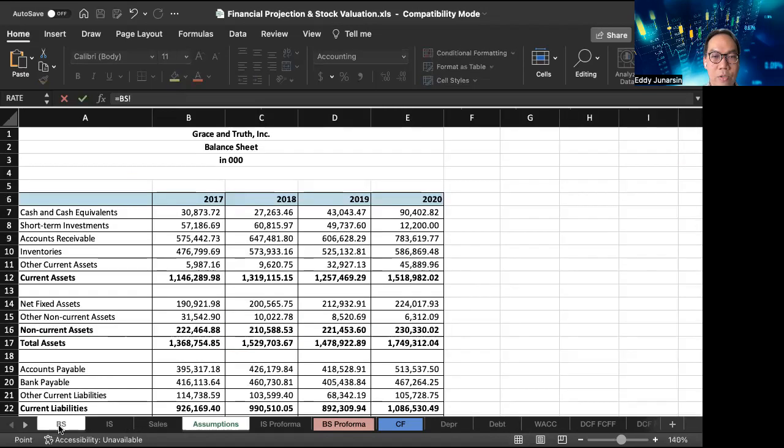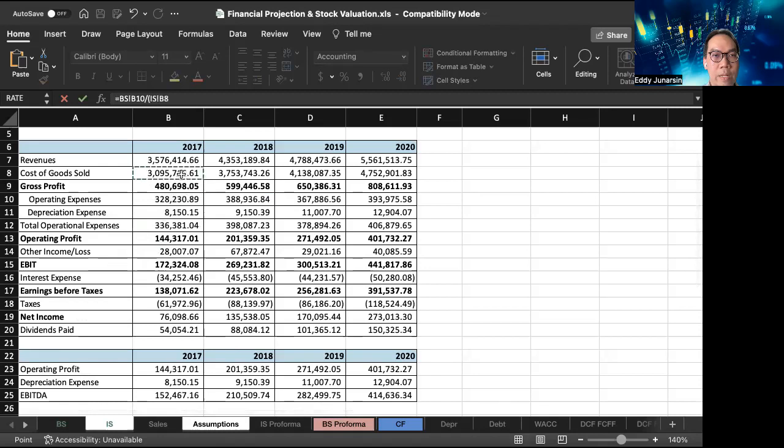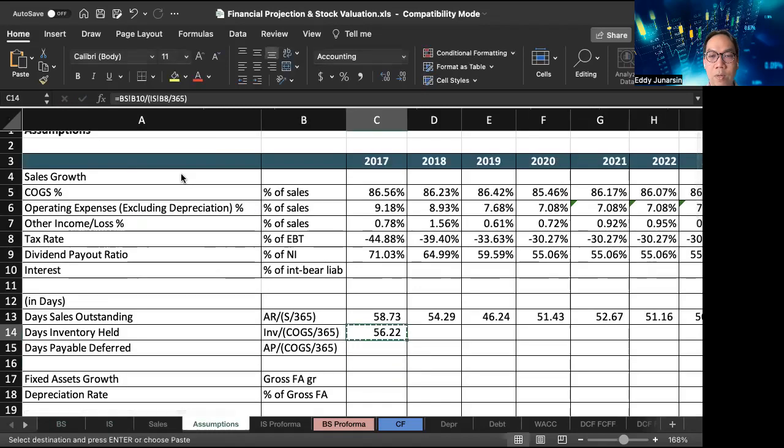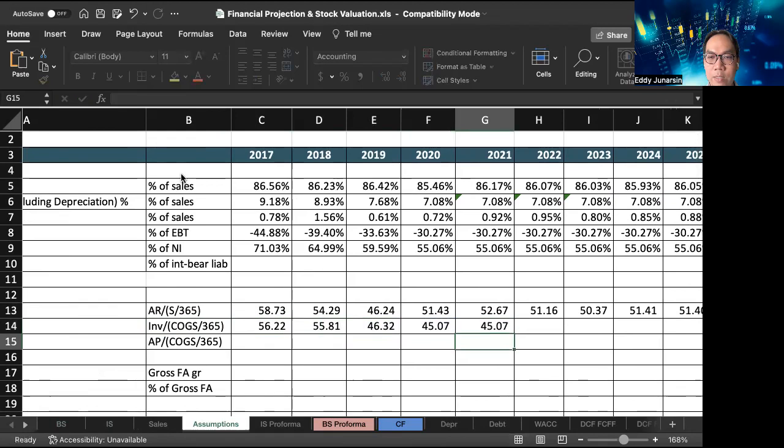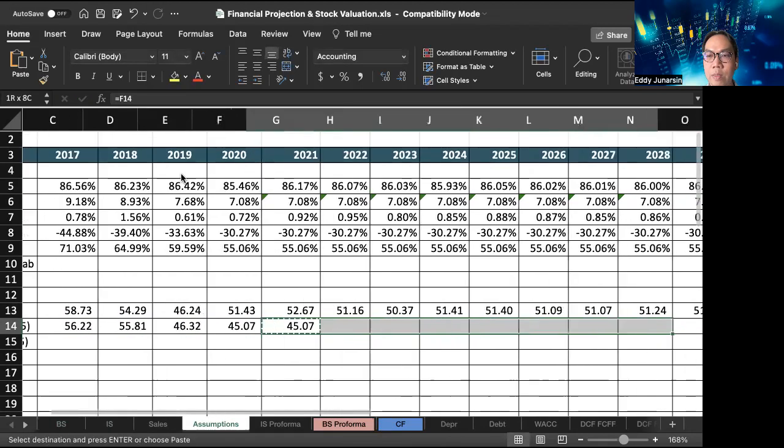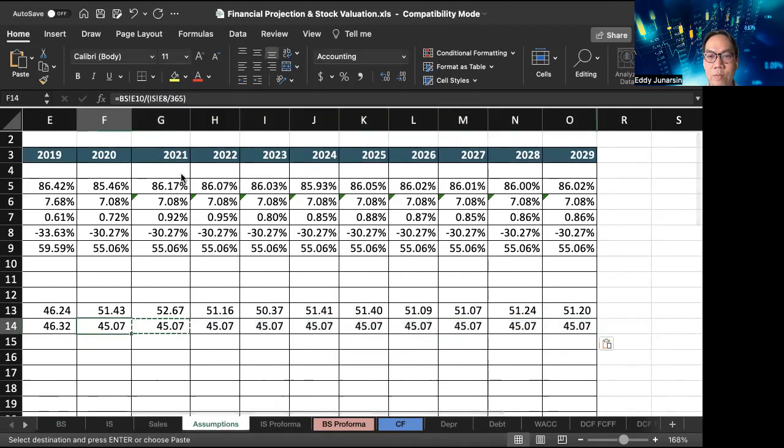Check here, inventories 2017 divided by daily cost of goods sold. Okay, now the pattern is downward, right? It is continuously downward. So I will just use the last ratio rather than moving averages.